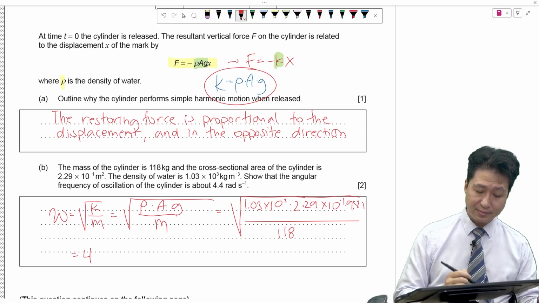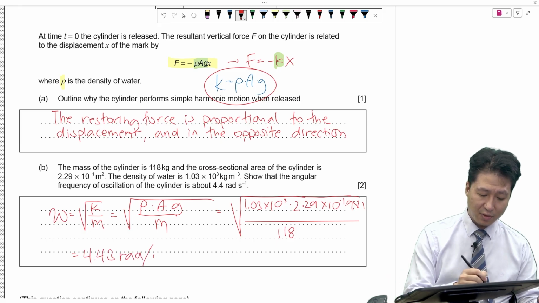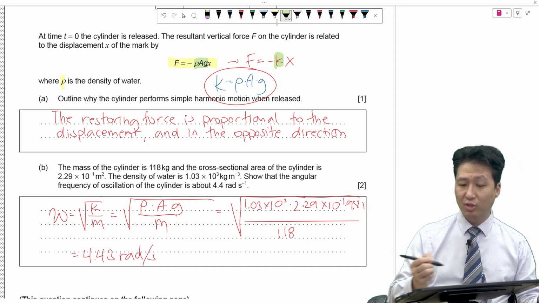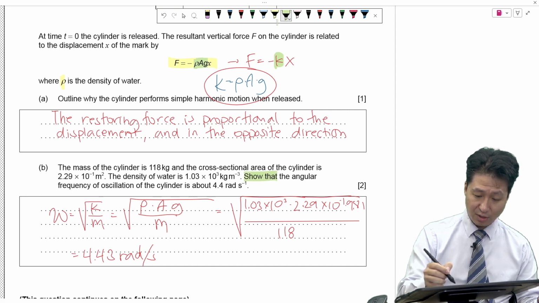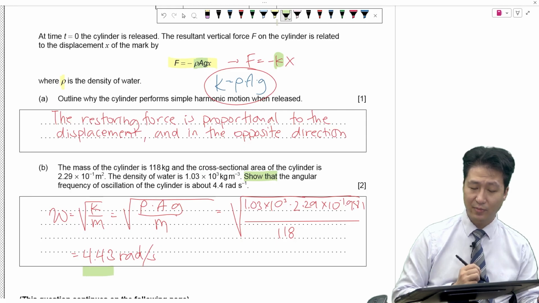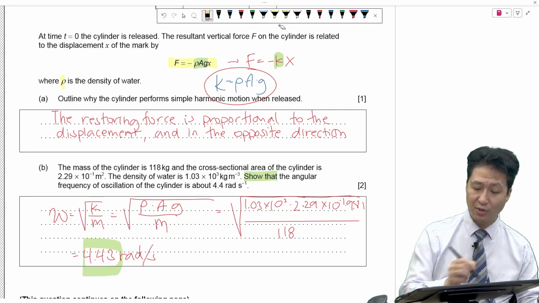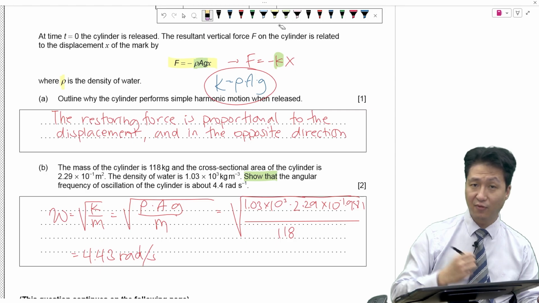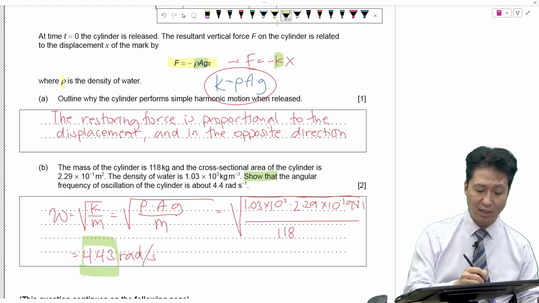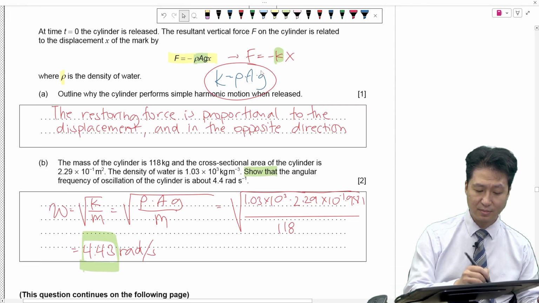Using a calculator, you would get this to be about 4.43 radians per second. And always remember that if you have a show that question, like here, you always find the value to one significant figure more than this. So if 4.4 is two significant figures, you have to show the answer to three significant figures.